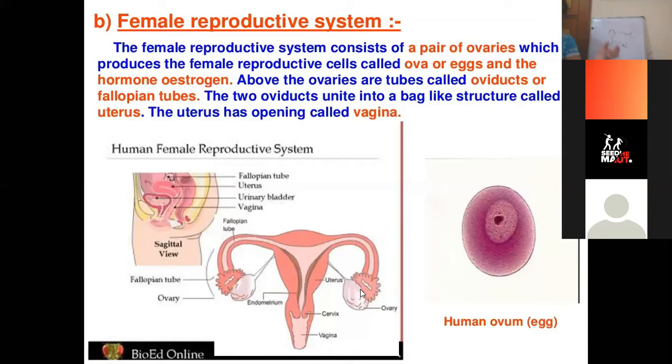The fallopian tube has a funnel-shaped opening through which the egg enters into the fallopian tube. Fallopian tube is also known as oviduct. Let me tell you, one of the important functions of the oviduct is that it's the site of fertilization, where there is the fusion between the male gamete and female gamete.